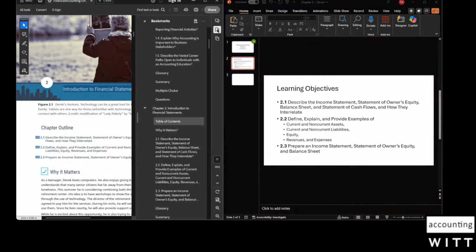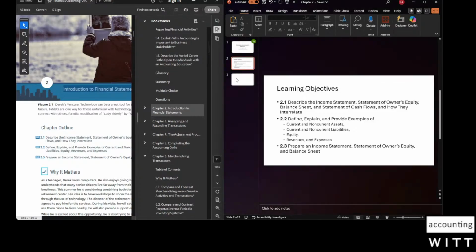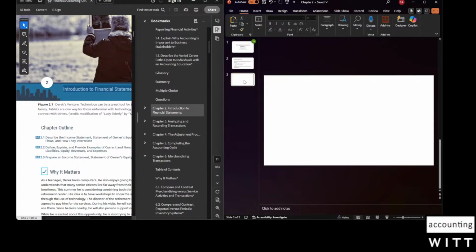Just because I'm curious for context, I want to know what the next chapter is. So, analyze and record transactions, adjustment cycle. Okay, so to give ourselves context, in the grand scheme of things, where are we at?